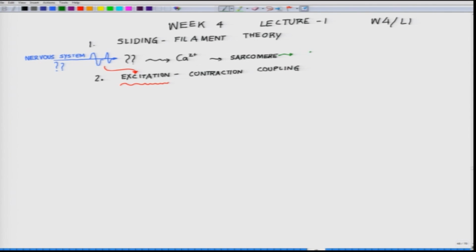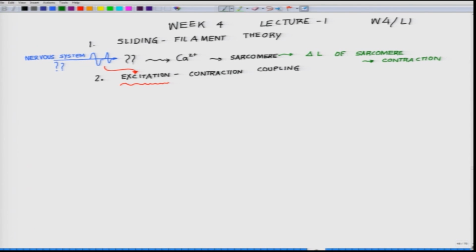But then there is something happening here: a change, shown by delta, in length, shown by capital L, of the sarcomere. Okay. Or in other words, this is what we call contraction.